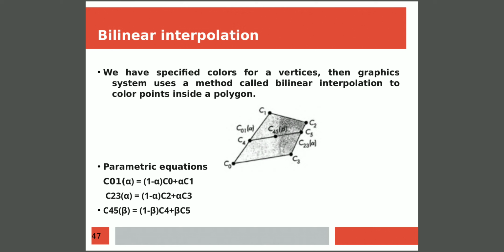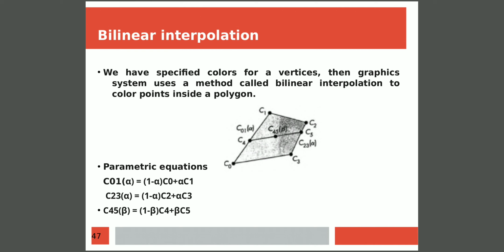Now in bilinear interpolation, we will represent the edge of a face of a polygon in a parametric representation. Here the edge of a polygon or edge of a face of a cube is nothing but a line segment. We are going to represent the line segment in the form of a parametric equation. Now we'll consider the first line segment of one face of a cube, that is C0 and C1. Here C0 and C1 are nothing but the colors of particular vertices.